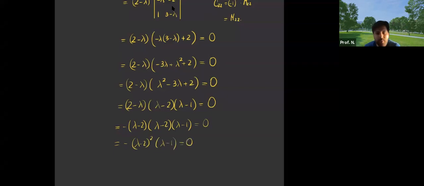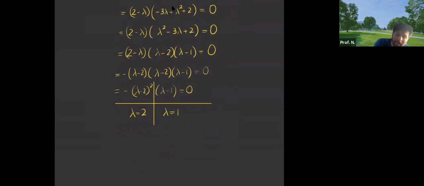You only have two eigenvalues in this case: lambda equals 2 and lambda equals 1. So the eigenvalues of A are lambda equaling 1 and 2.